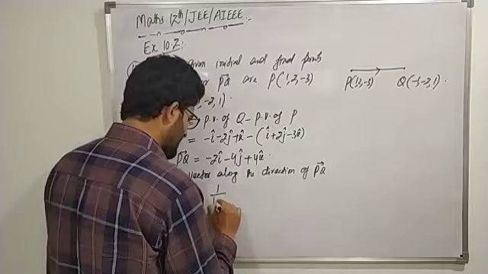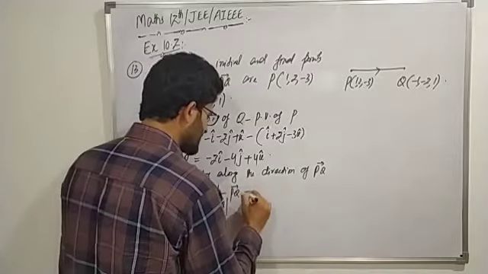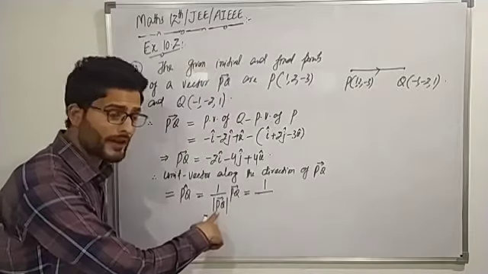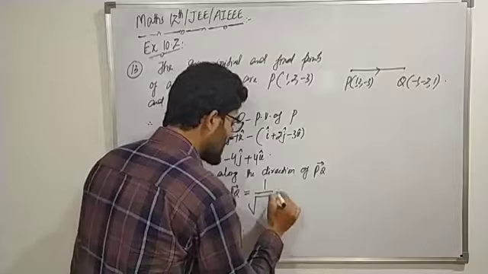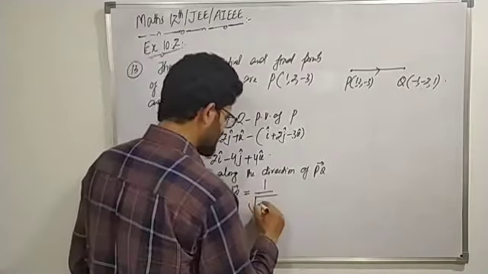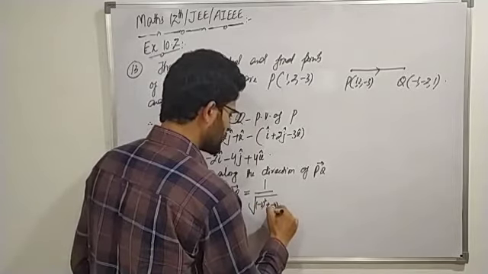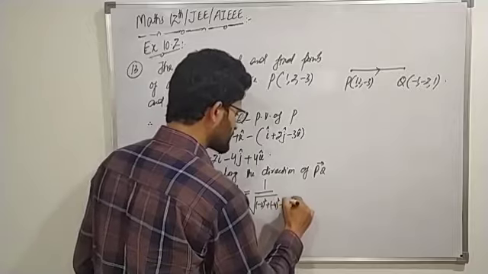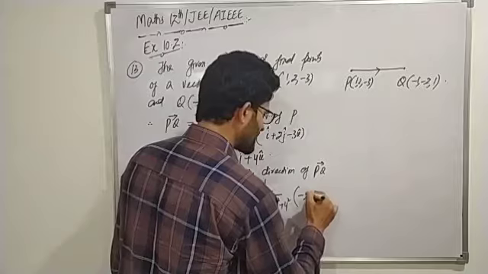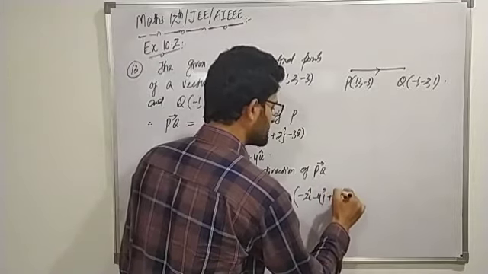So 1 divided by magnitude of PQ into PQ vector, and that's equal to 1 divided by the magnitude of any vector, the non-negative square root of the sum of squares of its scalar components, that is -2 square plus -4 square plus 4 square, into the vector, and that is -2i -4j plus 4k.